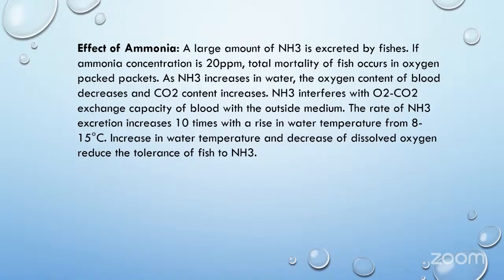NH3 interferes with oxygen carbon dioxide exchange capacity of blood with the outside medium. The rate of NH3 excretion increases 10 times with a rise in water temperature from 8 to 15 degrees centigrade. Increase in water temperature and decrease of dissolved oxygen reduce the tolerance of fish to NH3.